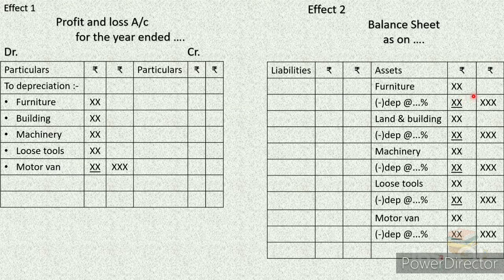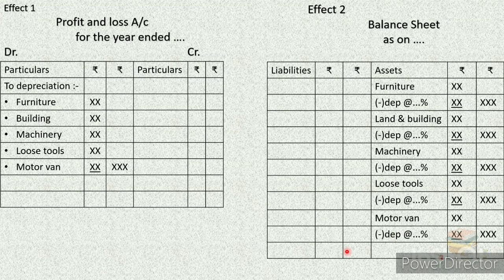For example, if the amount of furniture is 200 and we depreciate 10% of 200, then we write the amount, subtract it, and write the result in the outer column.